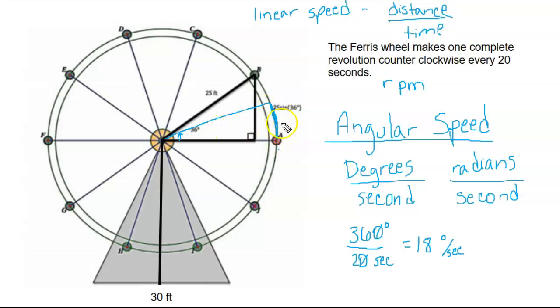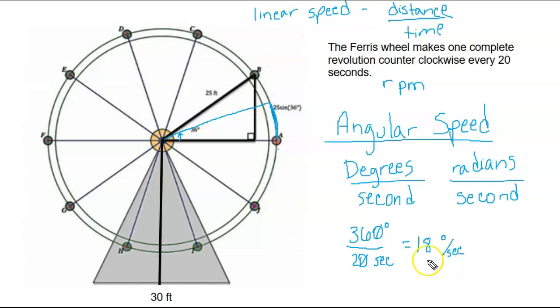Now, for us to find our linear speed, how fast we are traveling in the carriage along the outside rim of the Ferris wheel, we would need to use something from last unit's circle unit, the arc length. I would need to know how far along the outside of this circumference of the circle I have traveled in a certain amount of time. And so we would have to find that arc length in order to find our linear speed.